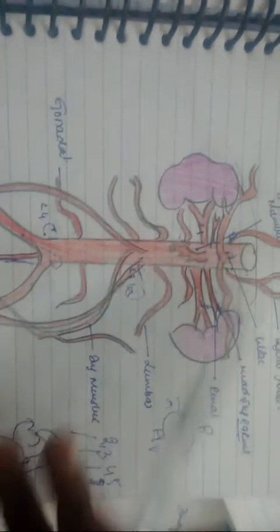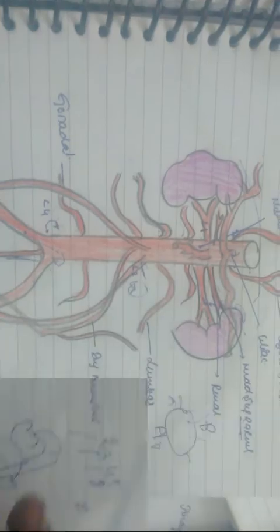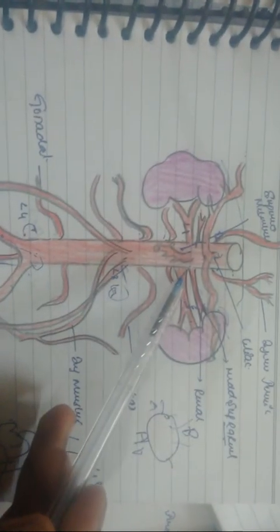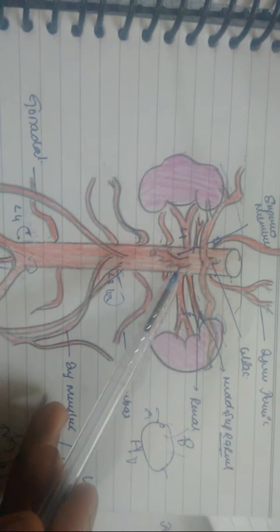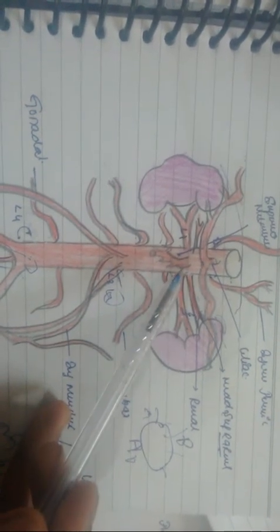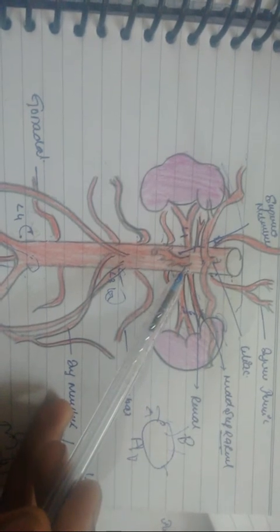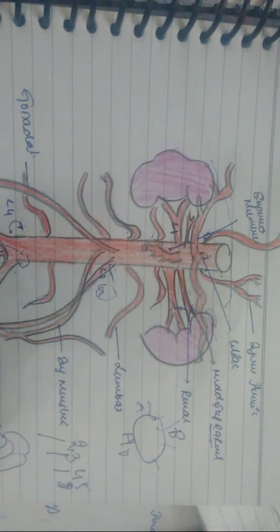So one of the branches is the celiac trunk, and the next branch you have to understand here is the superior mesenteric artery. This superior mesenteric artery is at the level of L1, because below T12 you have L1. So at the level of L1 you have the superior mesenteric artery.